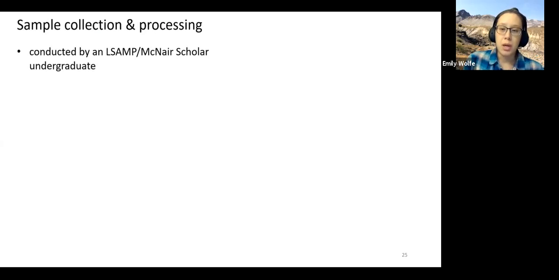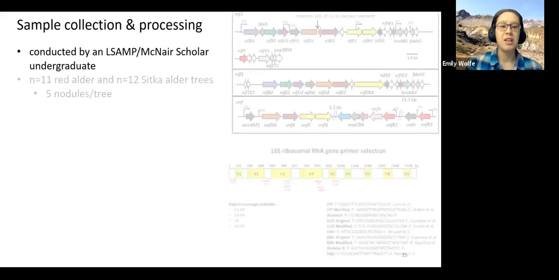And McNair is a program at PSU that funds first generation, low income, and underrepresented undergrads who want to pursue PhDs. And they get to do research projects over the summer. I always like to point those out because they're awesome programs. Students really get a great opportunity to be involved in research, writing, and presentations. It's just a really neat experience for everybody involved, I think.